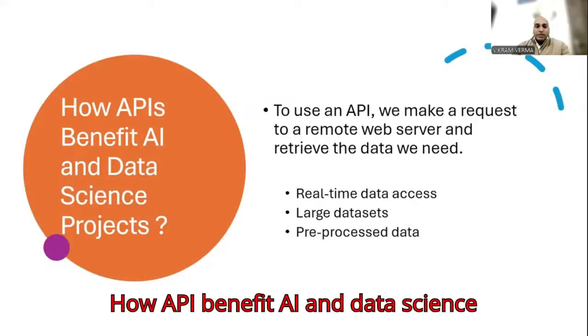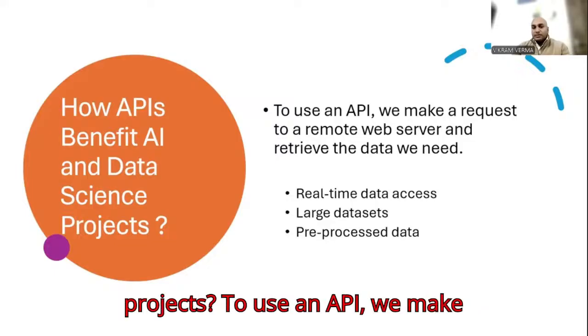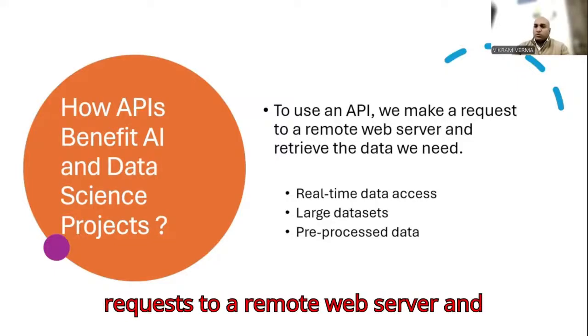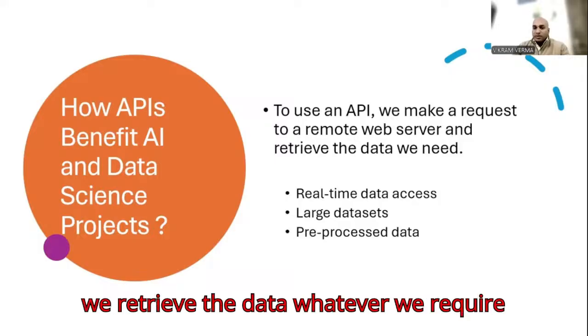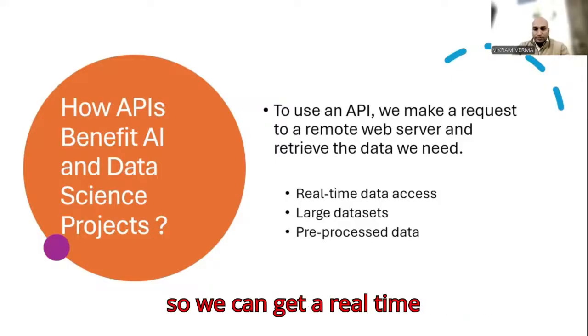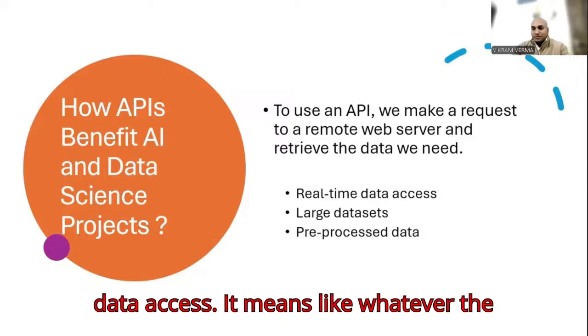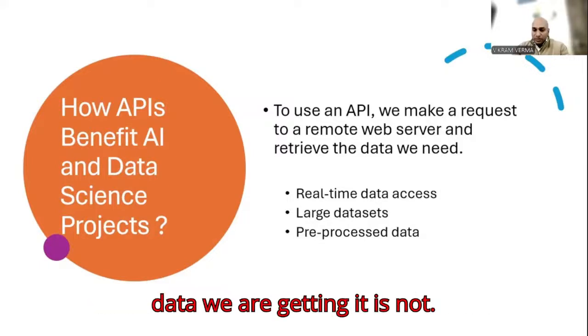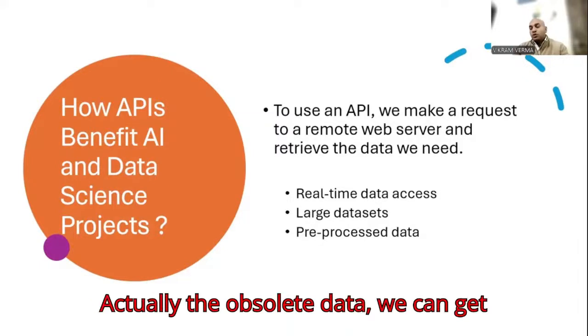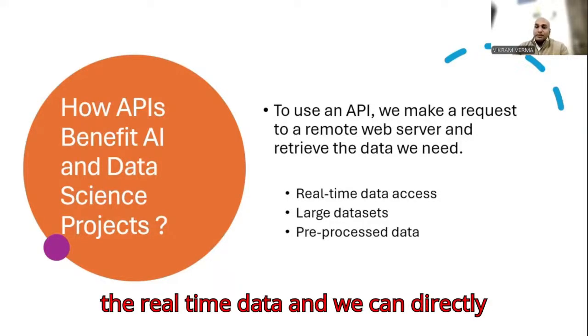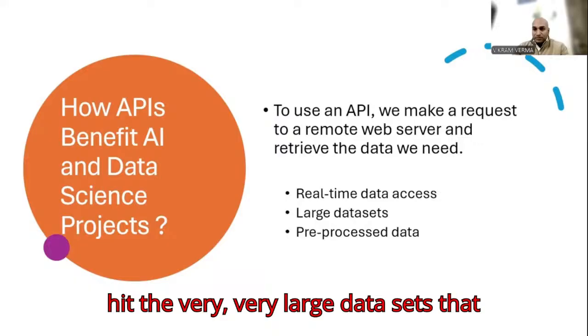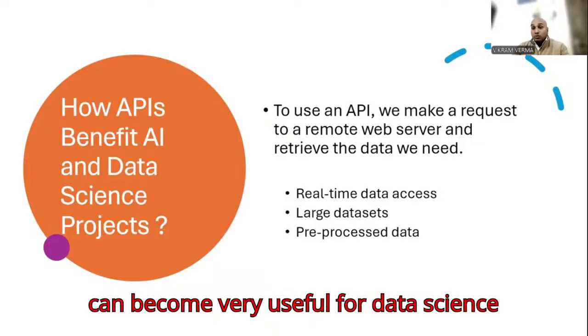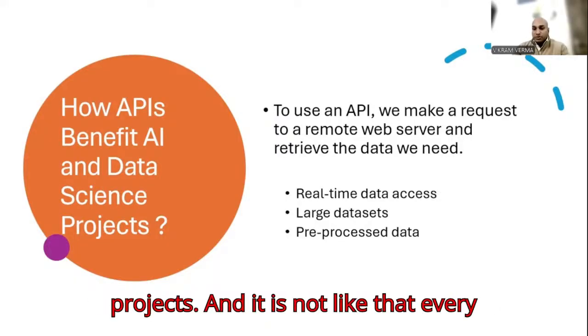How does API benefit AI and data science projects? To use an API, we make requests to a remote web server and we retrieve the data, whatever we require. So we can get real-time data access. It means whatever data we are getting is not obsolete data. We can get the real-time data. And we can directly hit very, very large data sets that can become very useful for data science projects.